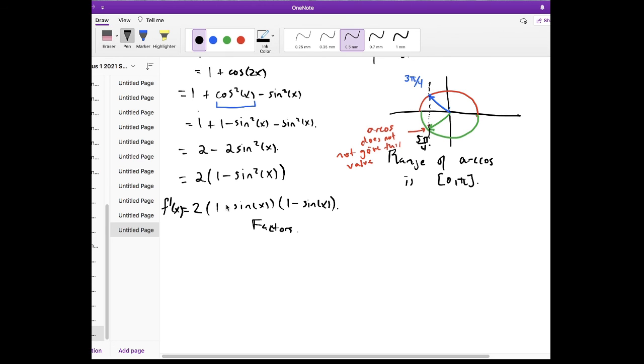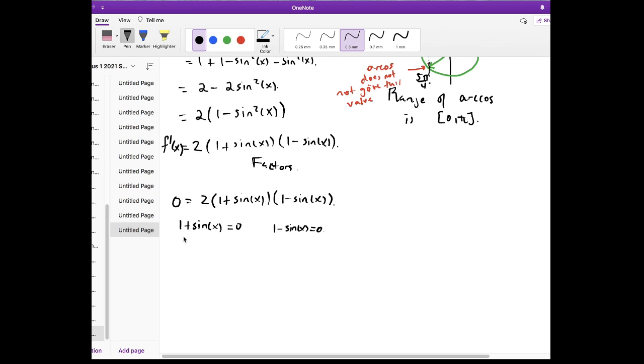Okay, so now notice that this is the derivative, right? This was just a refactorization of 1 plus cosine 2x. So now if we set this equal to 0, we can easily determine where this thing is equal to 0. Okay, so that's where 1 plus sine of x is equal to 0, and 1 minus sine of x is equal to 0.